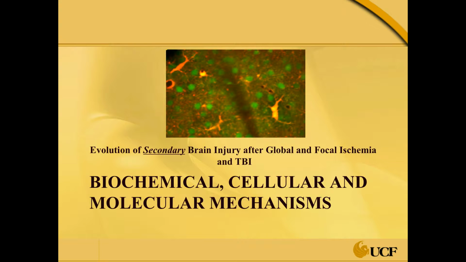But remember that we learned in the first unit lecture that secondary brain injury is associated with biochemical, cellular, and molecular mechanisms. And we learned specifically that these processes were mediated essentially by calcium reactions that occur within the cells. We're going to take a look at that in just a few minutes with a little bit more detail.